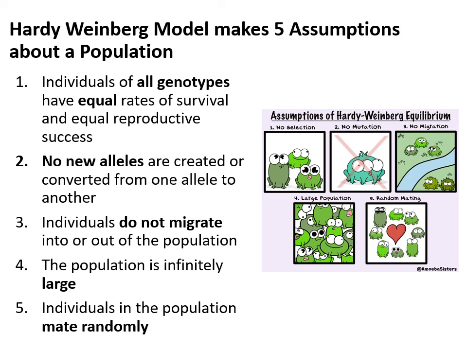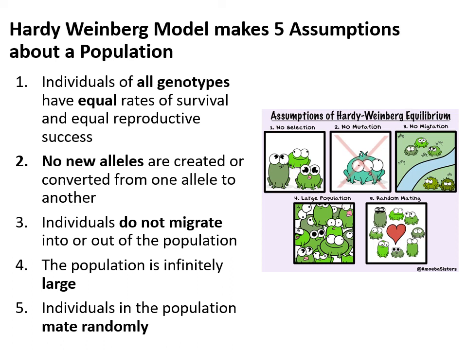Okay, so we're not going to get into much detail beyond that, but I just want you to be aware of what it tells you when your population is not in equilibrium: the fact that one or more of these assumptions is being broken in that population. Okay, so if I gave you a problem to work out and it turns out that the observed and expected are very different from each other, you should be able to tell me, well, maybe selection's going on, maybe mutation's going on, maybe migration is going on.